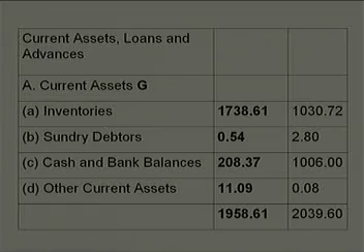Inventories, we believe that it will be sold out if required within a period of less than 1 year. So, whichever asset you feel can get converted into cash within a period of 1 year, we are terming them as current asset. So, this is normally the convention, and this is how the current asset is defined.